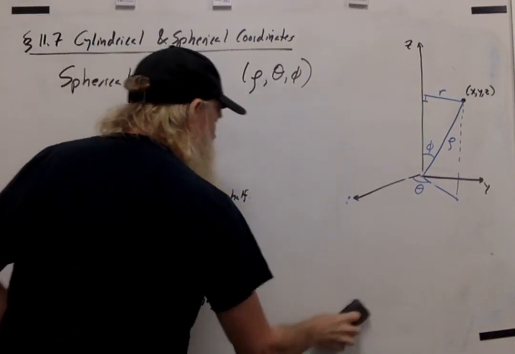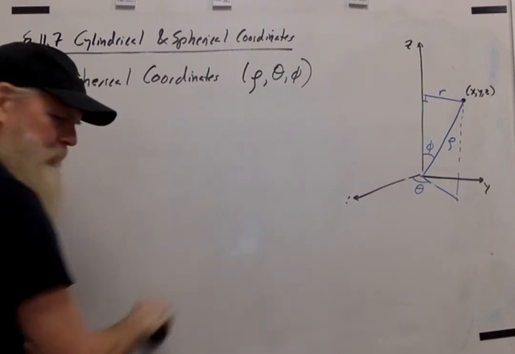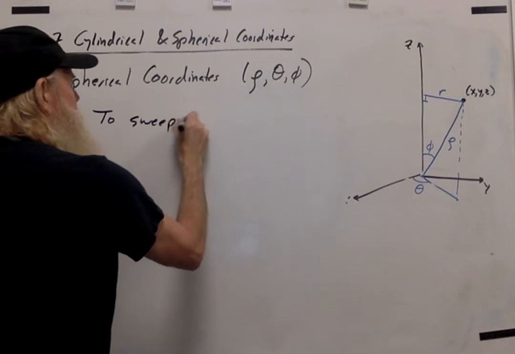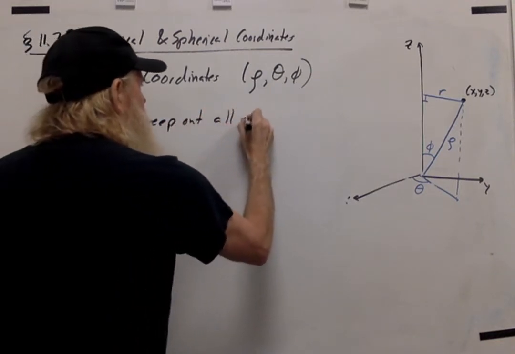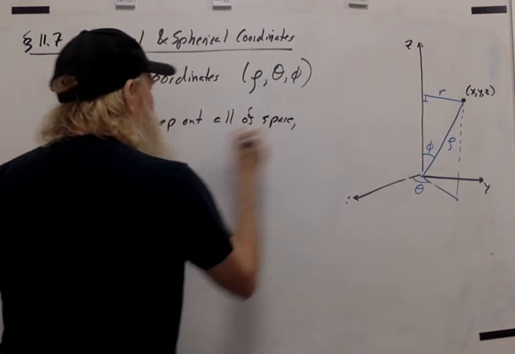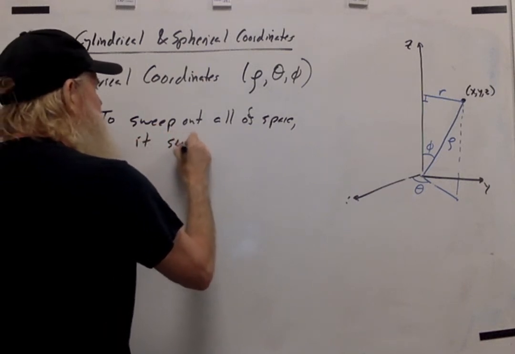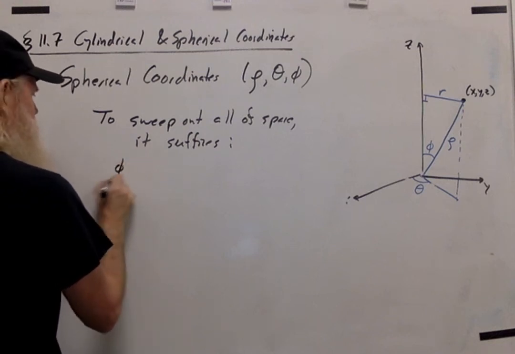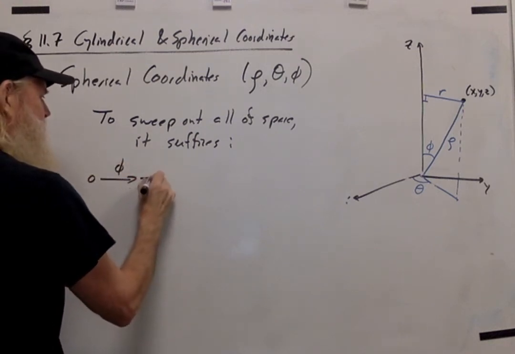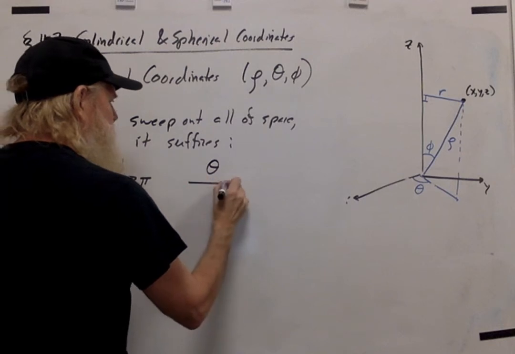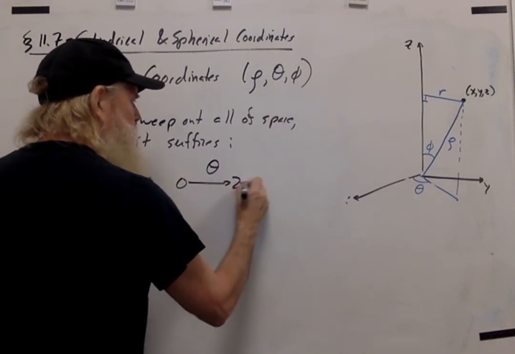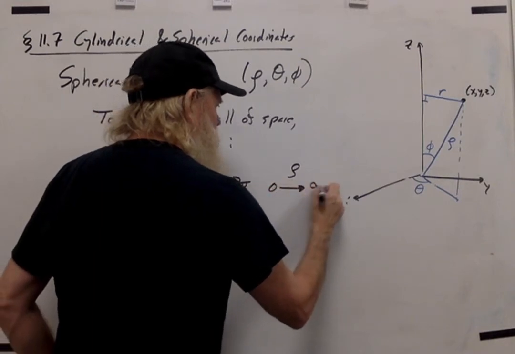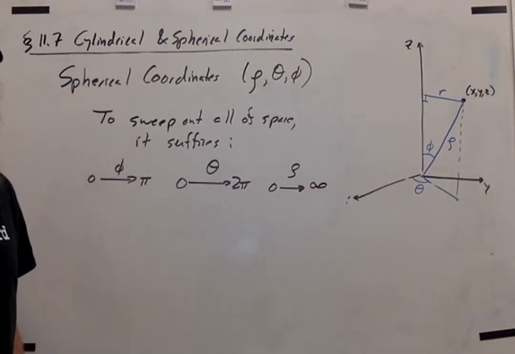So if I want to sweep out all of space, then it suffices to let phi go from 0 to pi, to let theta go from 0 to 2 pi, and to let rho go from 0 to infinity.